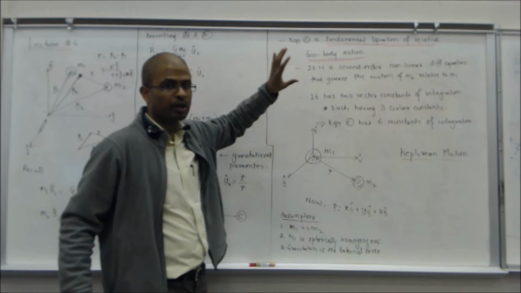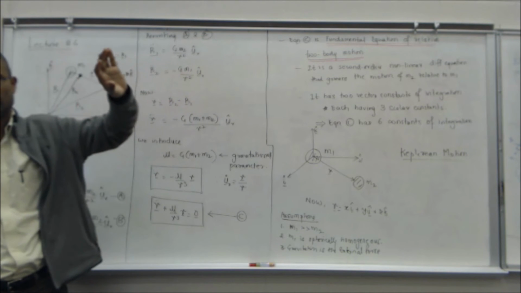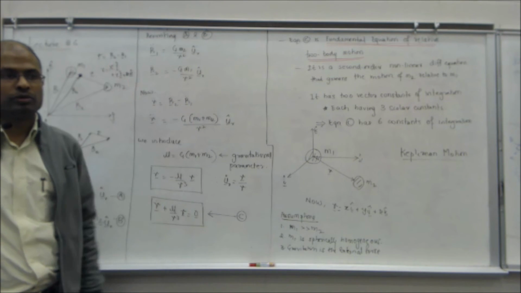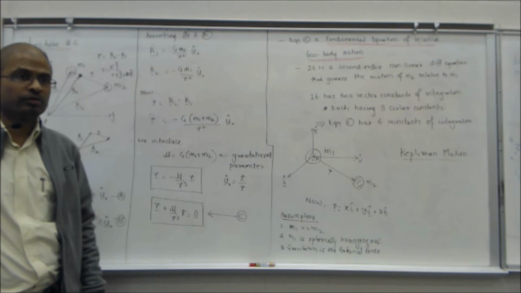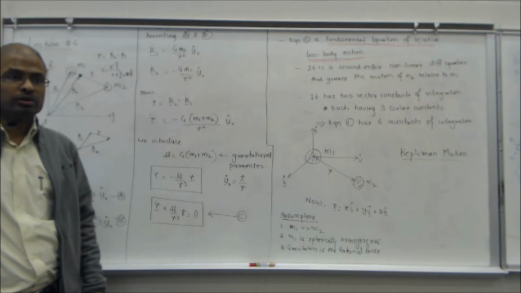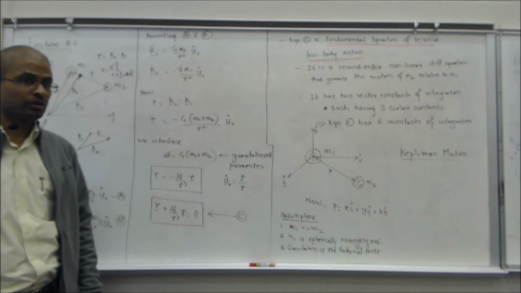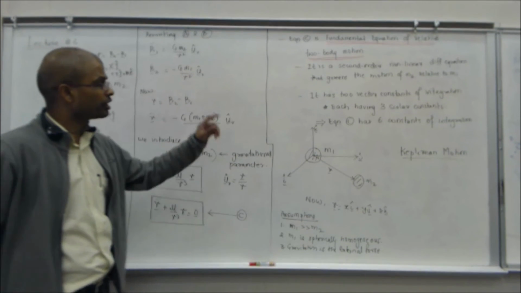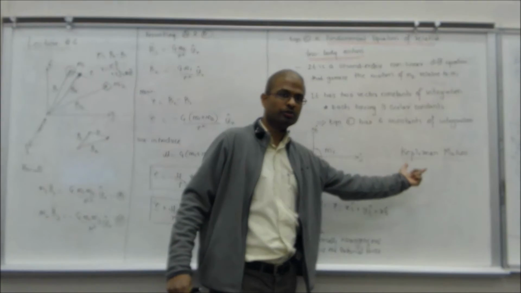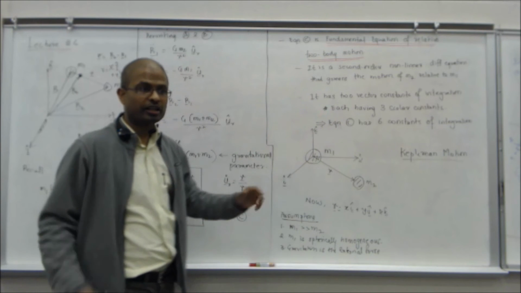For example, think about something which is about 20 or 30 kilometers or miles from Earth. The atmosphere is really thick in that region, so the atmospheric drag is very significant. You cannot study motion as Keplerian motion in that space.